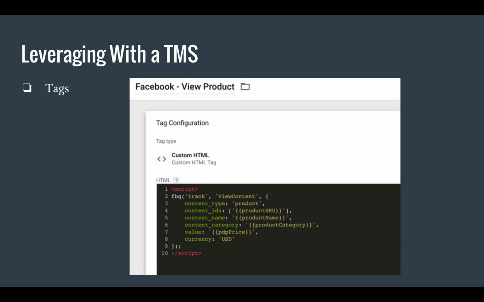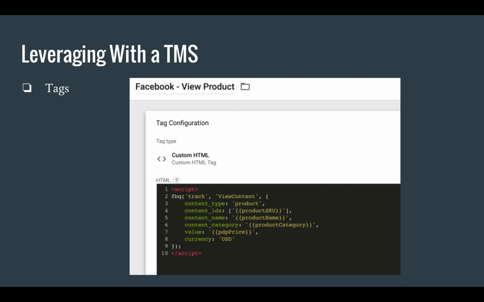So this is an example of the product view event for Facebook, and how the Facebook tag works. I assume everyone's using the new Facebook Pixel, which if you're not, you should be, because it allows a lot of additional audience segmentation and targeting capabilities.